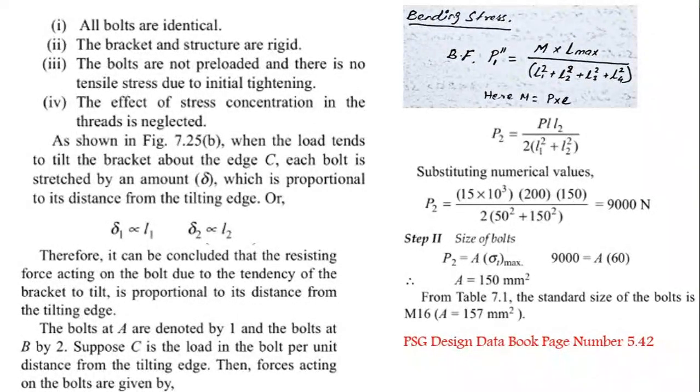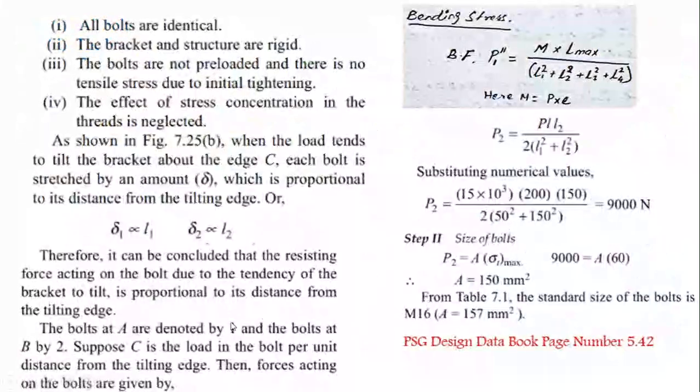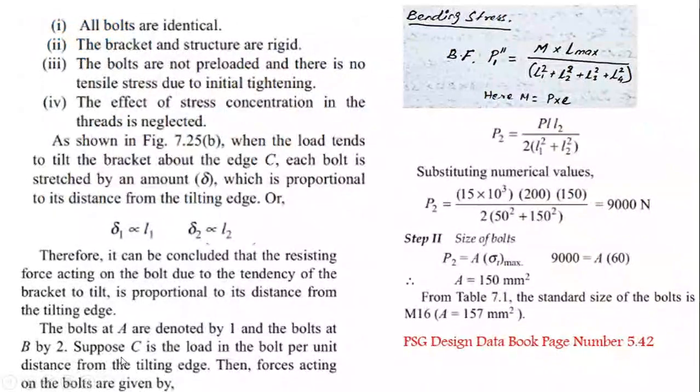The bolt A is denoted by 1 and the bolt B is denoted by 2. So bolt 2 is subjected to maximum force. Suppose C is the load in the bolt per unit distance from the tilting edge.